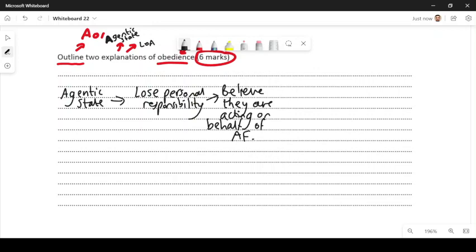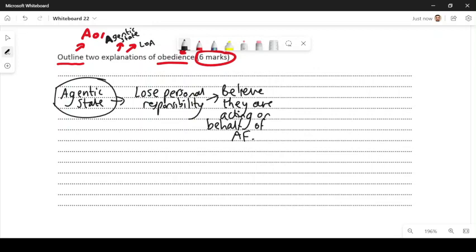Again, like I said, in terms of the agentic state, you could say there may be an agentic shift when you shift from the autonomous state, where you are responsible for your actions and you take responsibility, onto this.